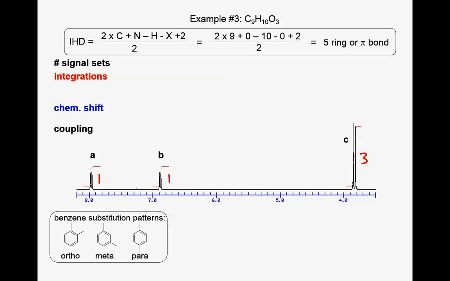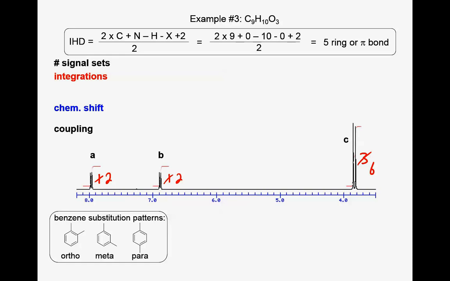How many protons do we have in our molecule? 10. Is 10 a multiple of 3 plus 1 plus 1? Yes. And so what does that tell us this 1 actually is? It's actually a 2. So really what we've got is a 2 there, a 2 there, and then over here, a 6. All right, so we've got 2, 2, and 6. Does that add up to our molecular formula? Yep, it does, so now we're good.